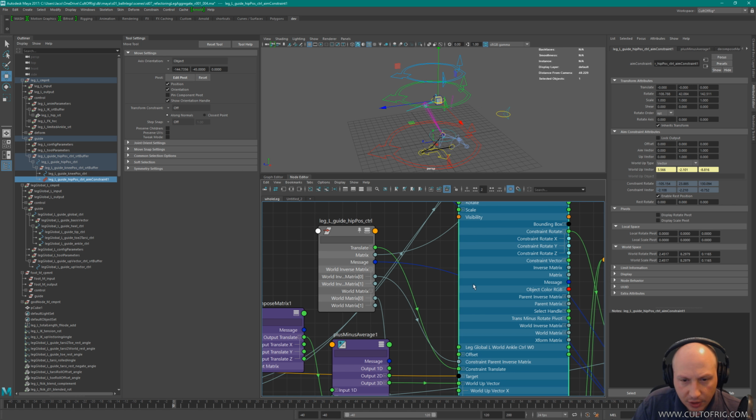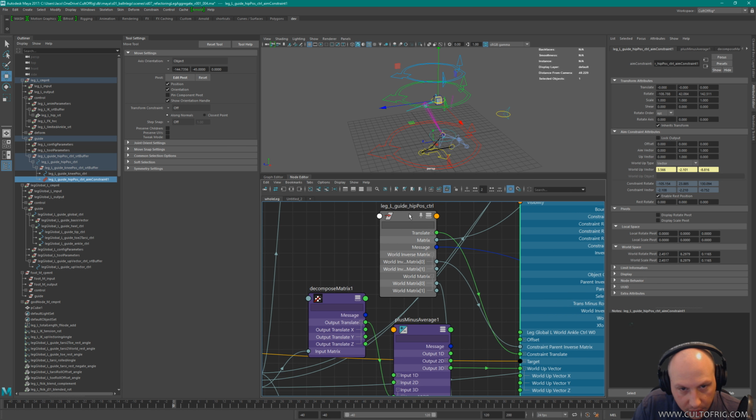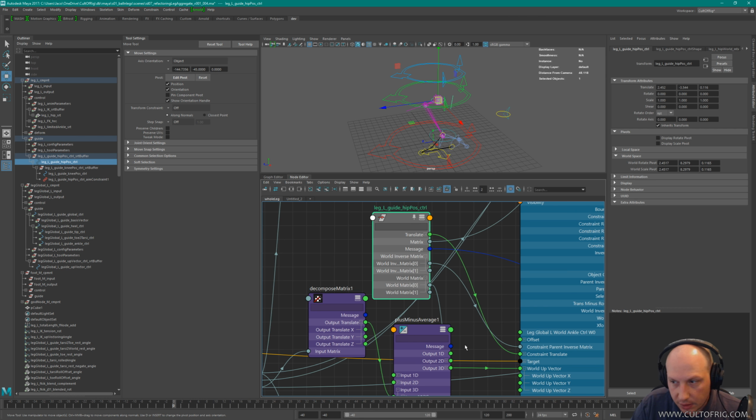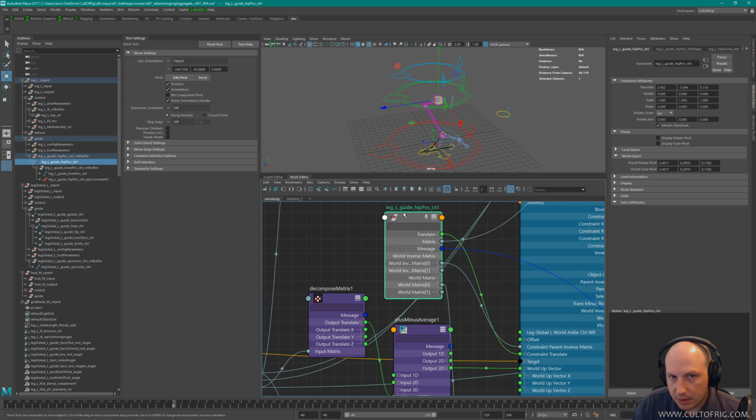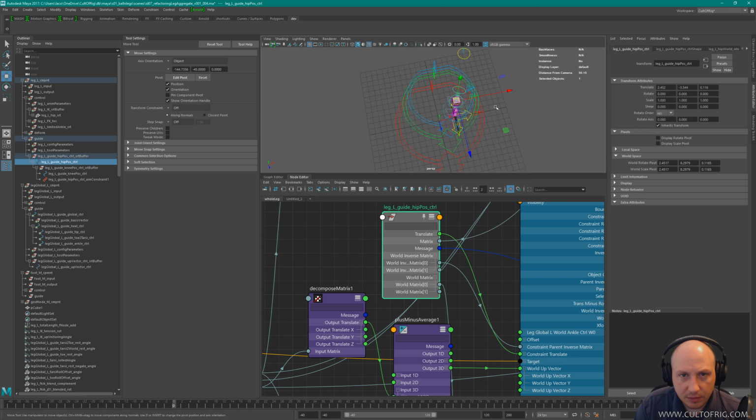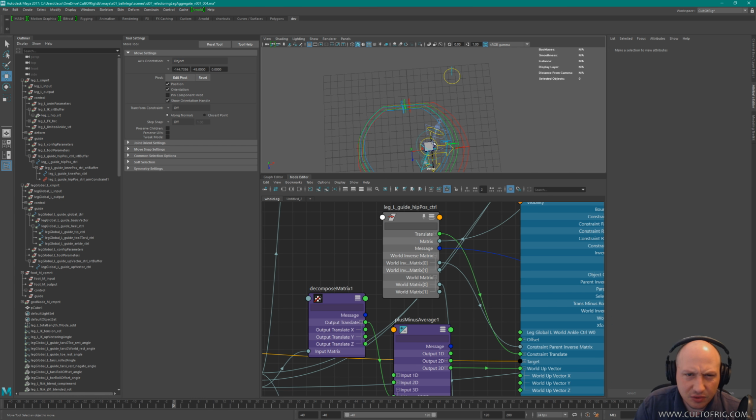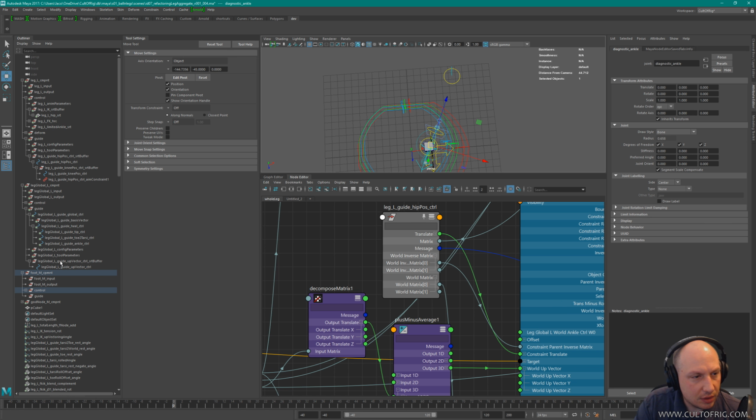But you have constraint translate driven. Yes. The constraint translate comes, maybe that's the offset. It shouldn't be, but sure.